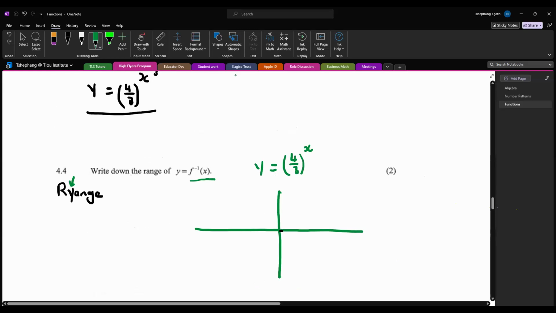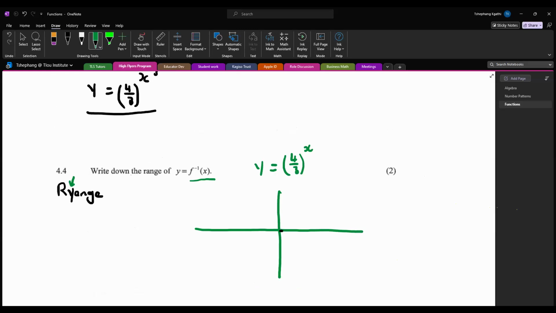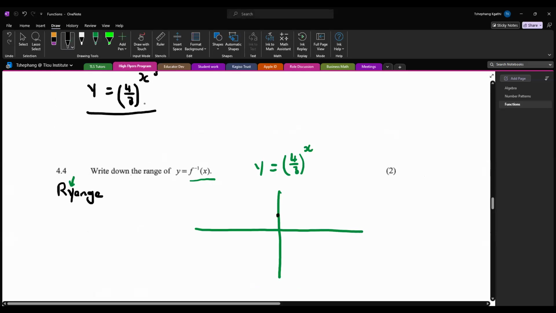So that is a graph with a standard cut at 0 and 1. The graph is going to be increasing, something like that.